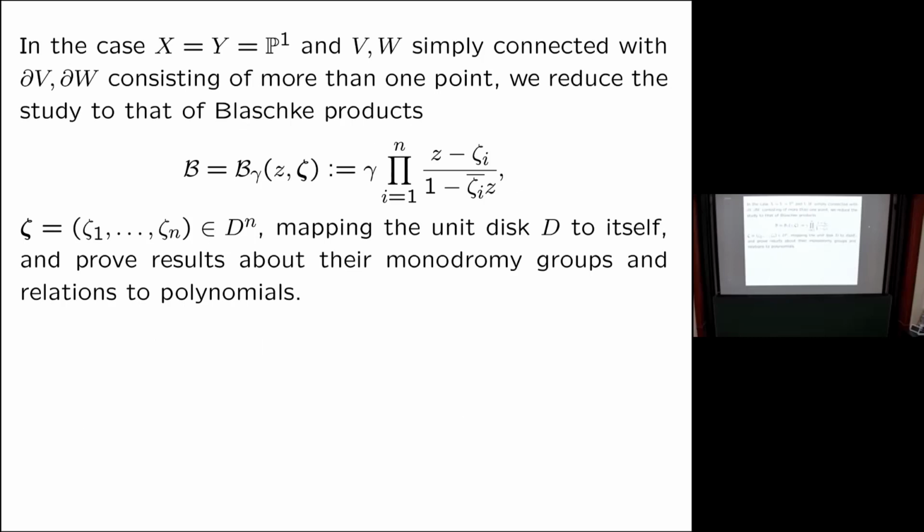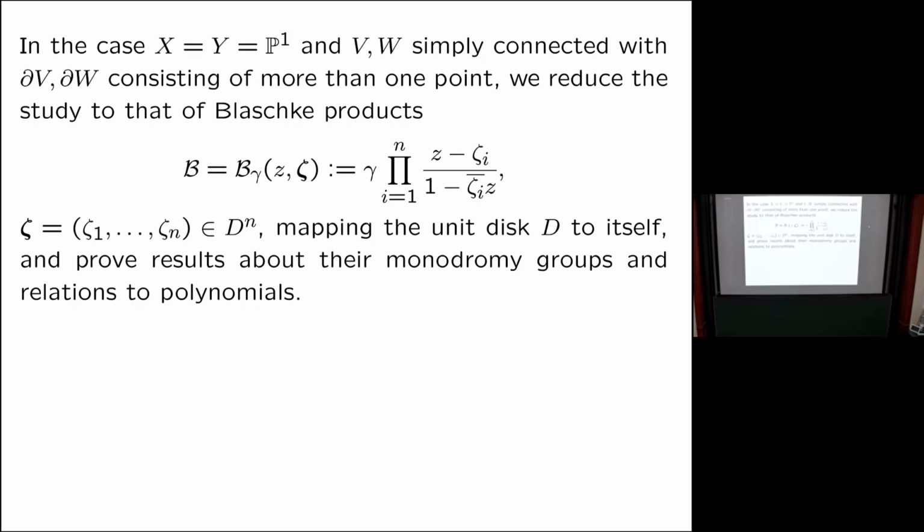So we were led to discussing Blaschke products. I don't know whether you know what a Blaschke product is. Certainly, I never knew what a Blaschke product was, but they're very interesting things. Well, essentially, if you have a map from the disk to the disk that takes the boundary of the disk to the boundary of the disk, then it's a Blaschke product. And a Blaschke product is something like this. So it's an explicit form.